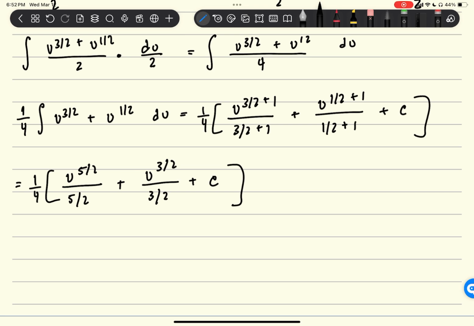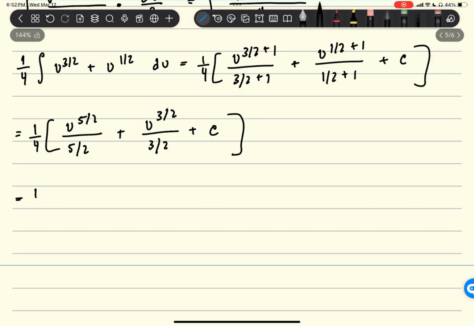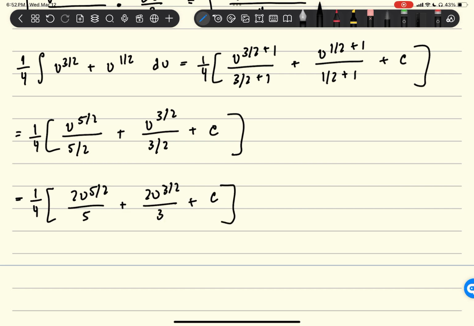So let's keep on simplifying. We're going to have 1/4 times 2u to the 5 halves divided by 5 plus 2u to the 3 halves divided by 3 plus c. Once we're at this step, all we have to do is distribute the 1/4 to each term inside the brackets.